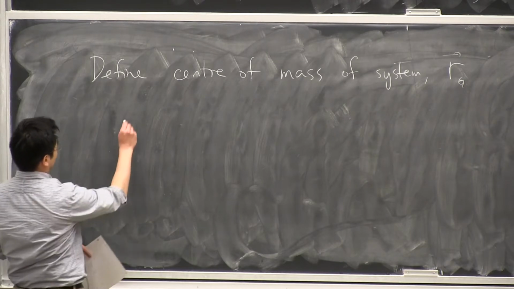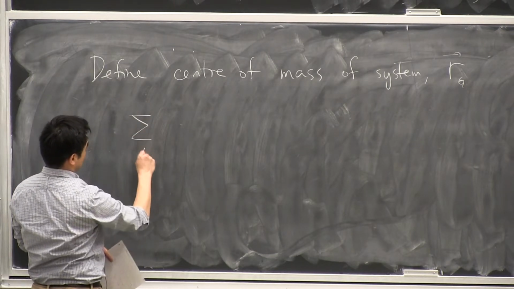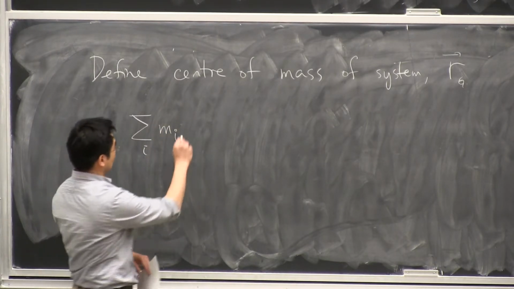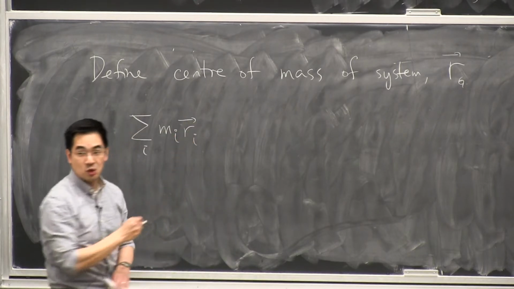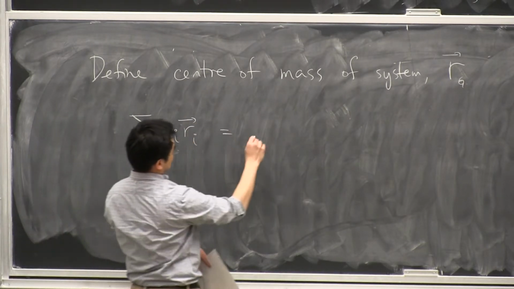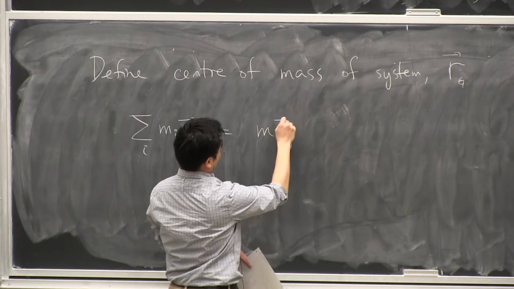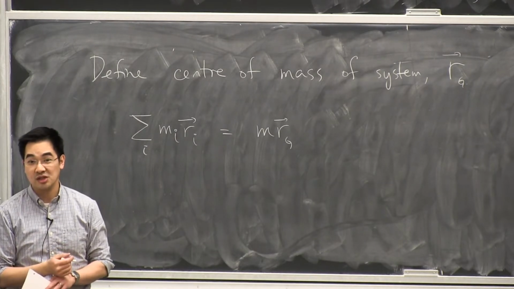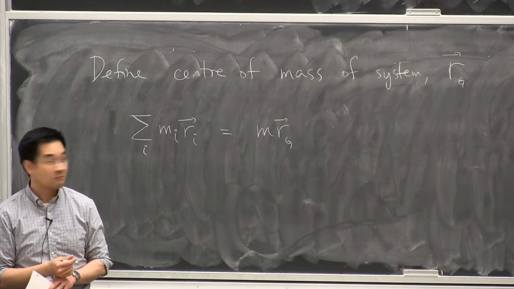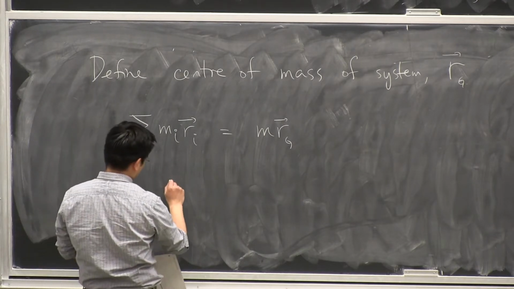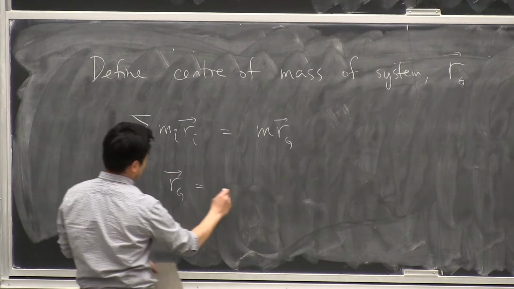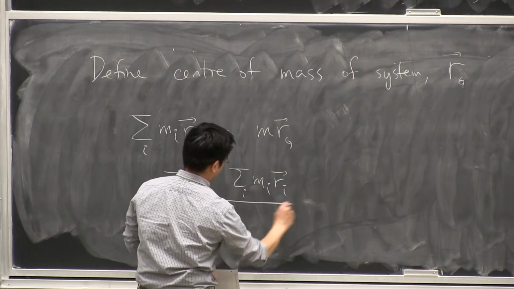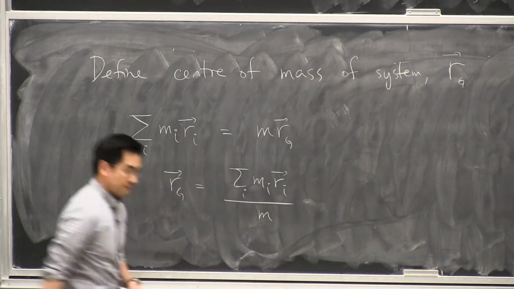The way that this is defined is you take the sum across all components i of the little mass mi multiplied by its own individual ri vector, and you make this equal to the mass of the whole system multiplied by some point rG in the body. Then you can rearrange this and you'll end up with rG can be easily found as the sum of mi ri divided by m.